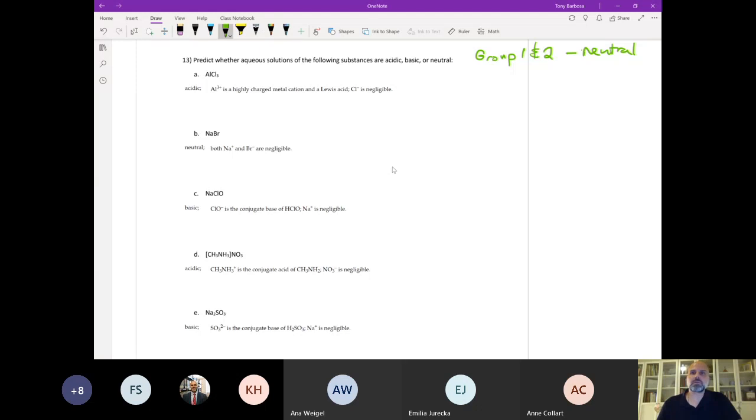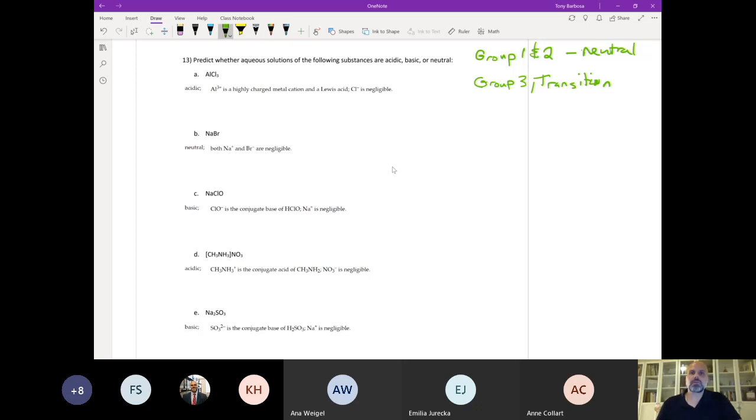Whereas, once we get to group 3, the transition metals, and basically all the other metals on the periodic table, they are all going to react and give you an acidic solution.